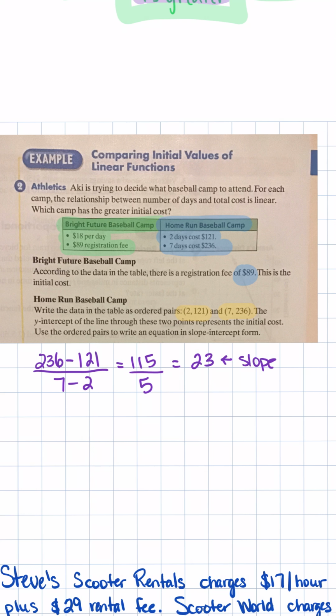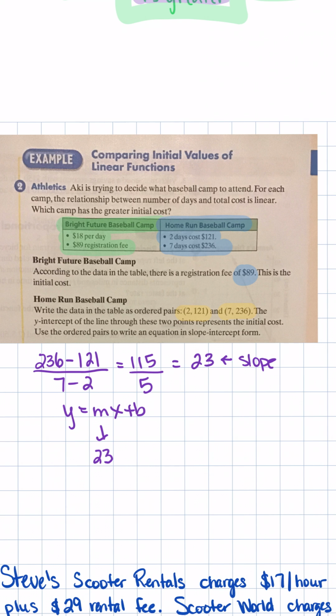So then if we put it in slope-intercept form, y equals mx plus b, that's slope-intercept form. We're going to substitute 23 for m. And then let's take 2 points that we know so that we can solve for b, what the initial cost is.